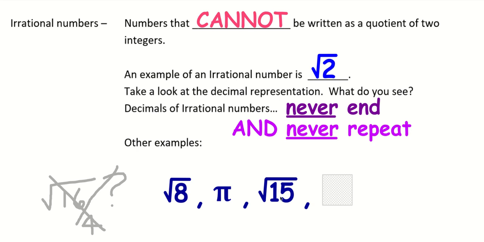There are so many square roots. There's actually an endless number of square roots that are nasty decimals that just go on forever, seemingly randomly.